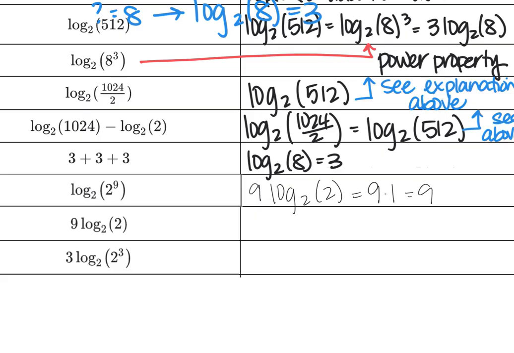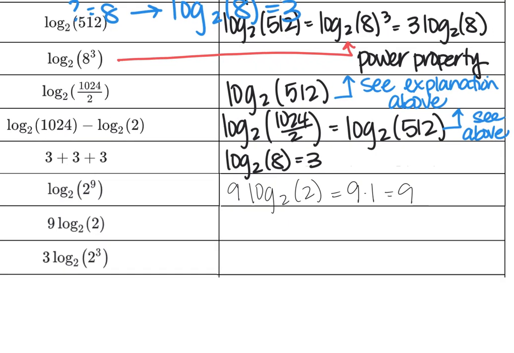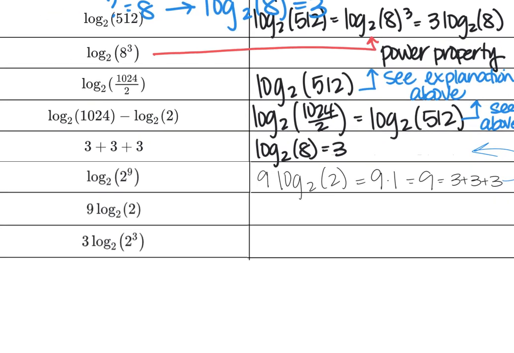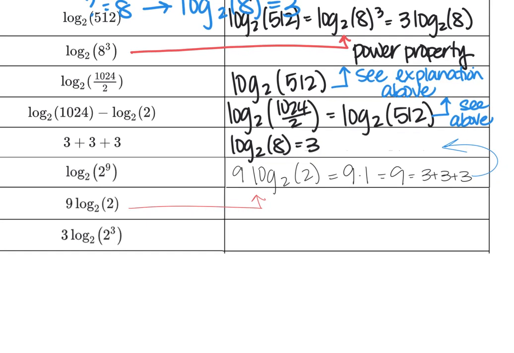And I don't know about you, but 3 plus 3 plus 3 is in fact 9, which we've seen here. The one right below it, 9 times log base 2 of 2, is literally the problem that we did here. So I know that this is the same problem.